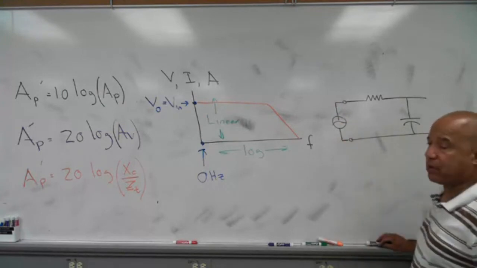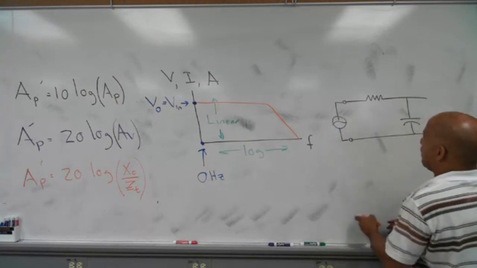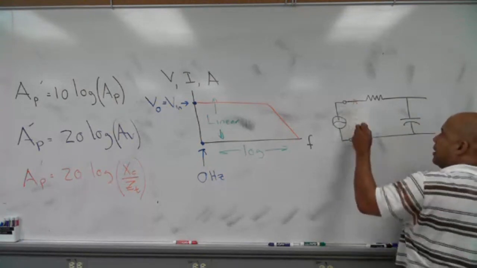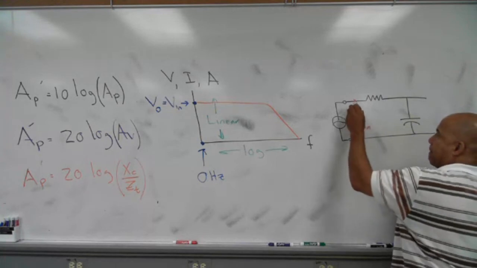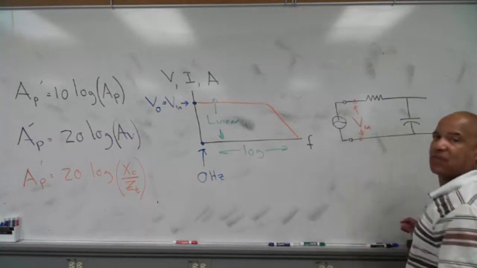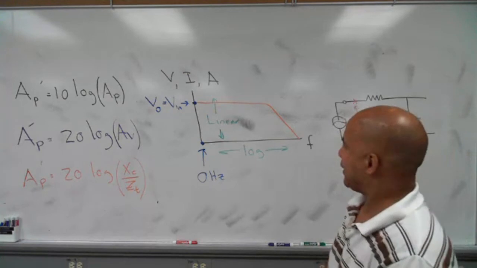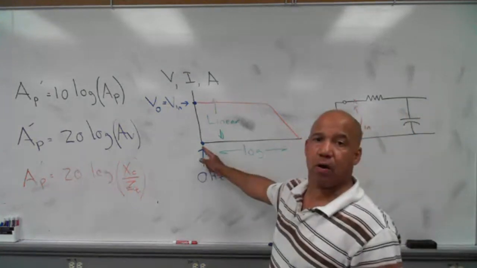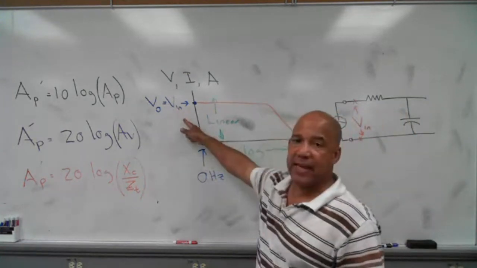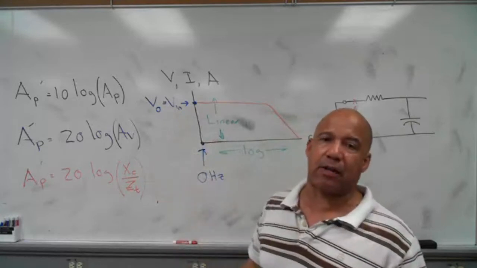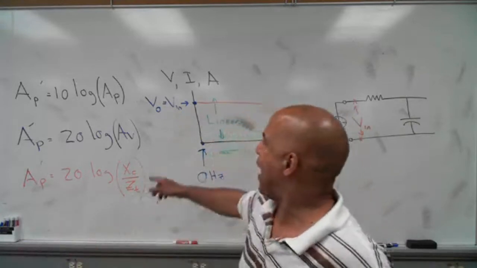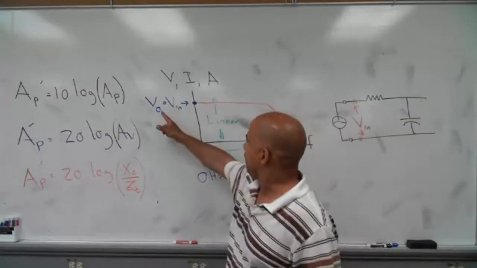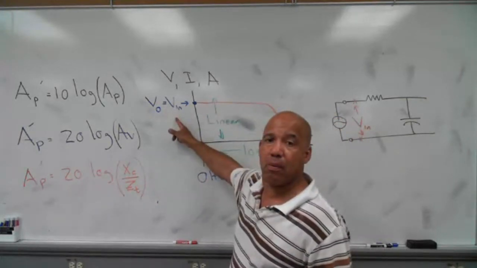If I measure from this point right here to that point right there, that's VN. That's VN to my filter. And it's saying when I'm all the way over here at 0 hertz, V out and VN are equal. And I've been writing that on all these graphs, but nobody asked me why that was the case. So why is that the case? Why is it that at 0 hertz, V out and VN are equal?